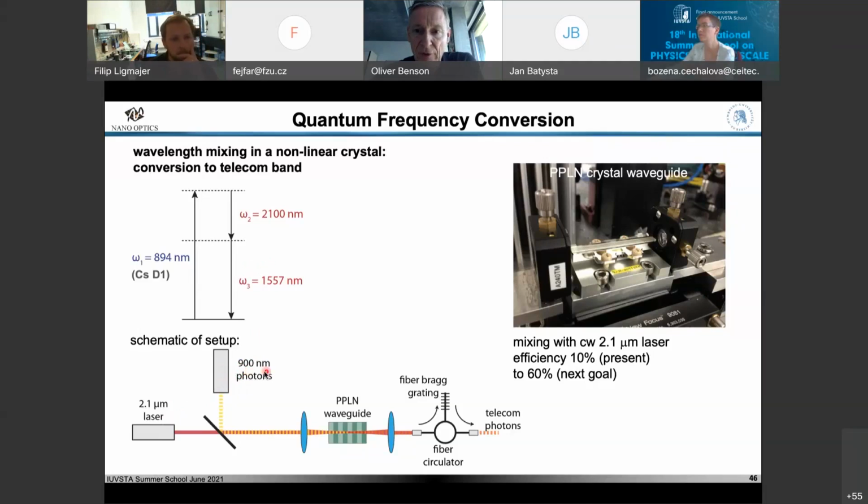Here, I gave an example for another quantum emitter at 900 nanometers, but assume you have individual photons coming in here, and you want to mix them with some light to have an efficiency of near 1, to have this nonlinear process occurring. Then you need a lot of power here. So you need to mix single photons with 1 watt of power from this laser light, send it in, and then you have to subtract the photons at 1.5 micrometer from this 1 watt pump laser here.